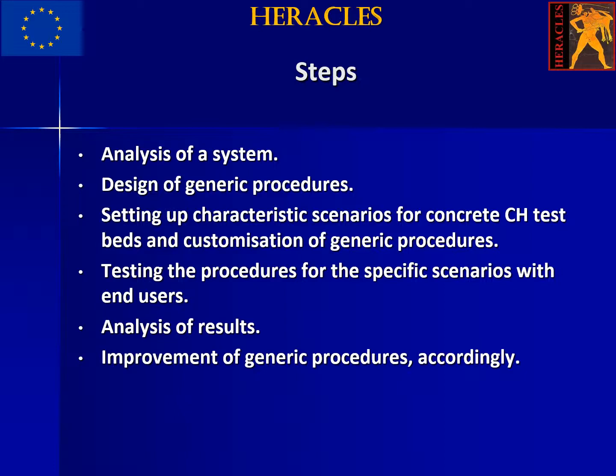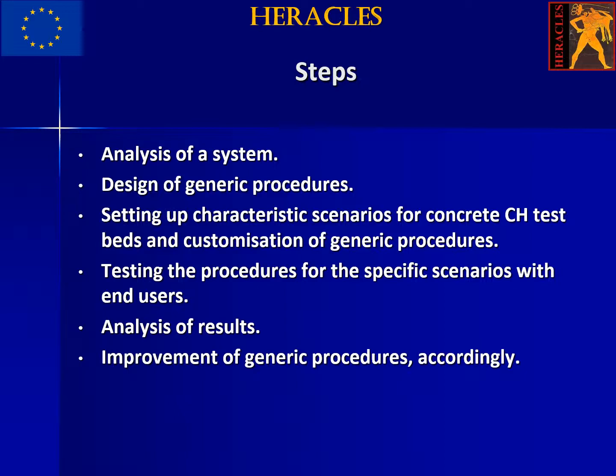Generally, these are the steps for the implementation of the methodology. The first step is analysis of a system by using an adequate system analysis tool. Then follows design of generic procedures. And since the procedures have to be validated, somehow it is necessary to set up characteristic scenarios for very concrete cultural heritage testbeds and customize generic procedures to the concrete use cases.